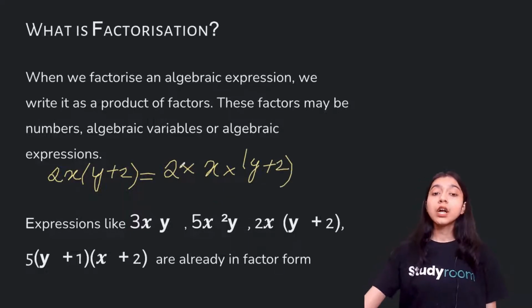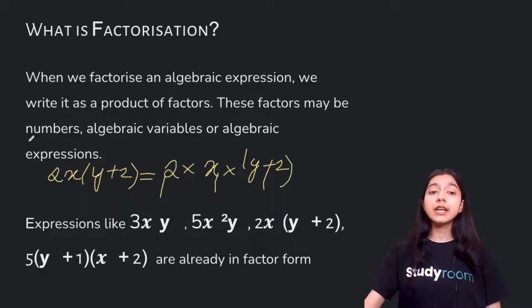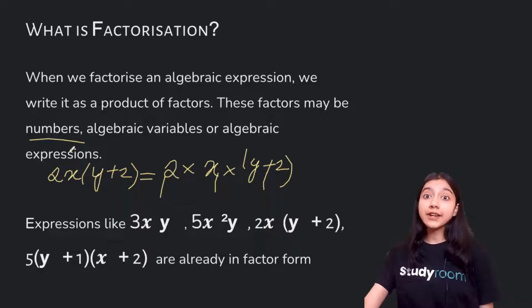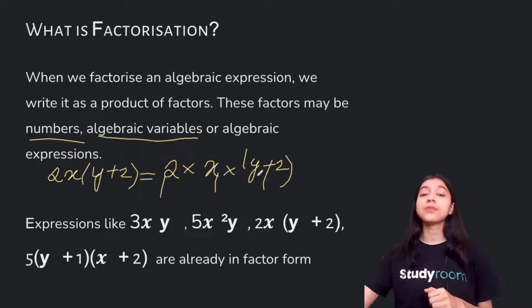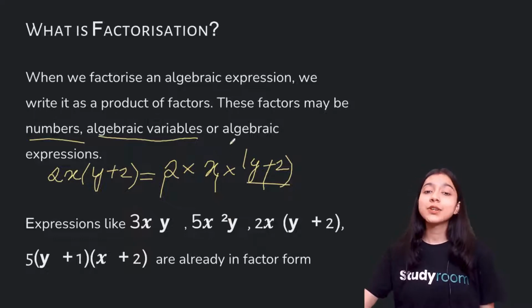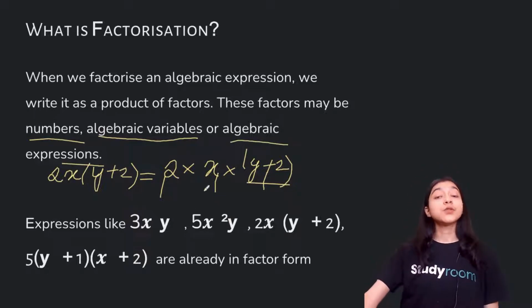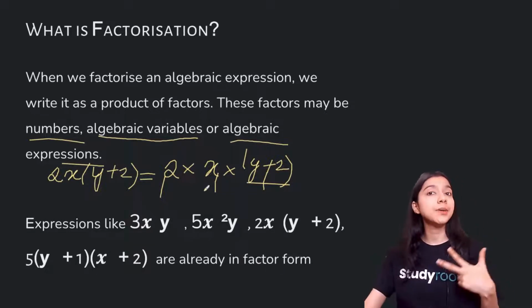So over here, 2 is a factor, x is another factor and (y + 2) is another factor. 2 is a number. So I told you these factors may be a number. x is a variable. Factors can be an algebraic variable. And (y + 2) is an algebraic expression. So factors can be either a number, an algebraic variable or algebraic expressions.